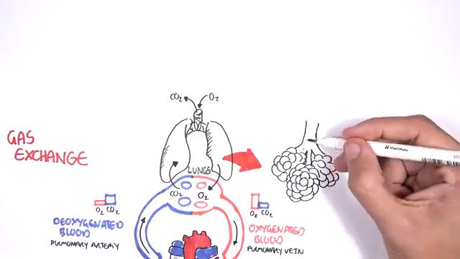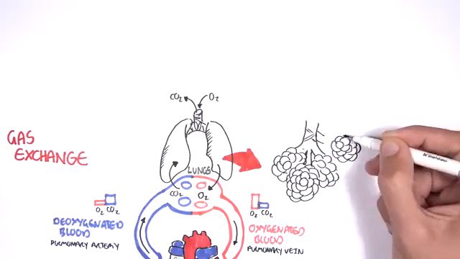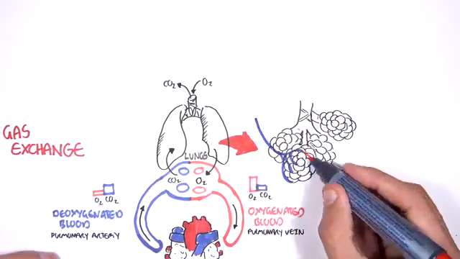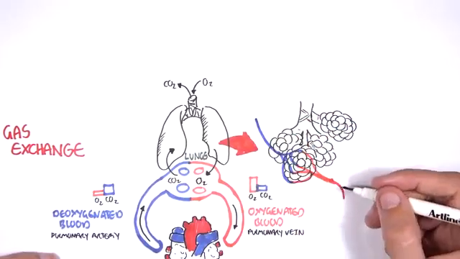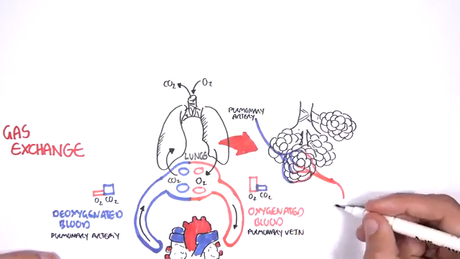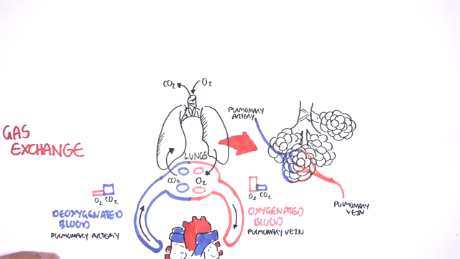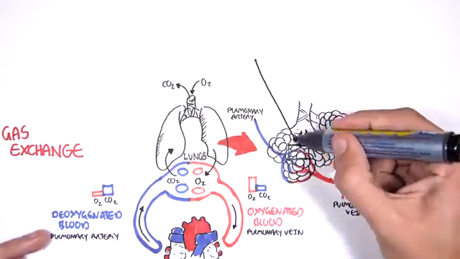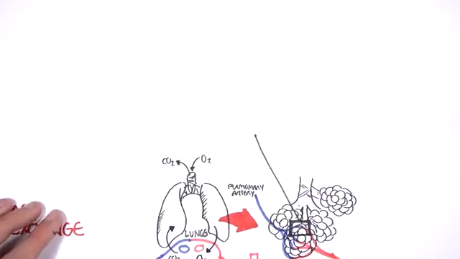This cluster of alveoli has a blood supply, essentially the pulmonary artery coming in and then the pulmonary vein leaving. So let us zoom into this area here where gas exchange takes place within the alveoli.